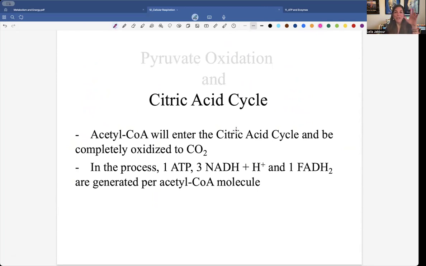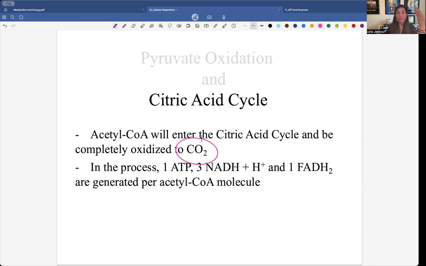There are a lot of chemical reactions there, but it's going to be reduced to the big picture. So acetyl-CoA, now we have that. This is what we have now. Acetyl-CoA enters the citric acid cycle, and that's where it will be completely oxidized to carbon dioxide.